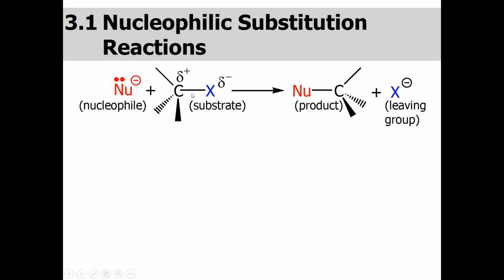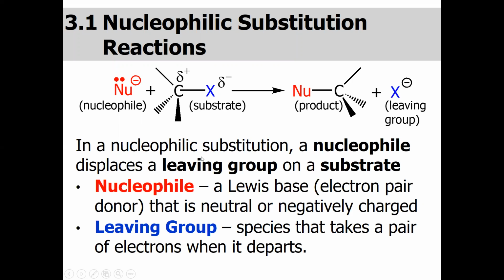By this way, X can leave as a leaving group, and the nucleophile will generate a new bond between the nucleophile and the carbon. As I mentioned, in a nucleophilic substitution reaction, the nucleophile displaces the leaving group, and this alkyl halide is known as the substrate.